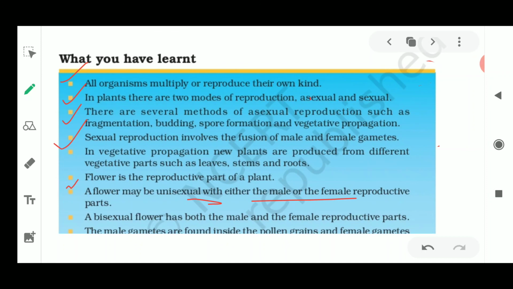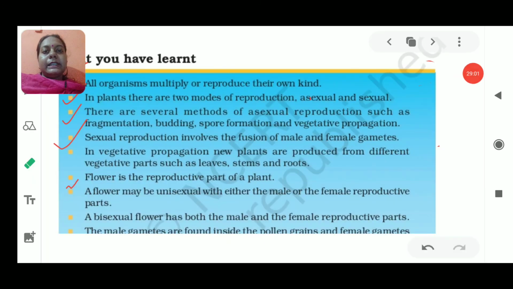So this is about unisexual flowers, and bisexual flowers are those normally seen, where the anther and filament, that is the stamen, as well as the pistil, are present together. So a flower is always of two types: with only one reproductive part it is unisexual, otherwise it is bisexual.